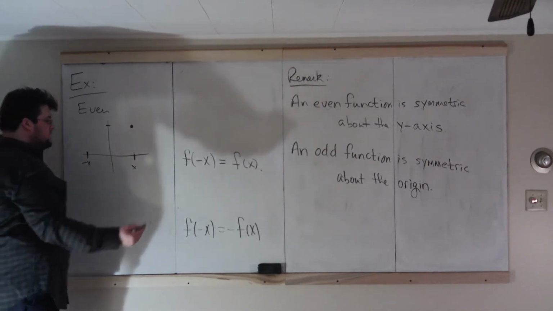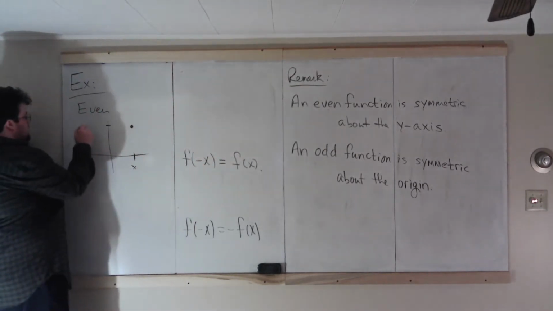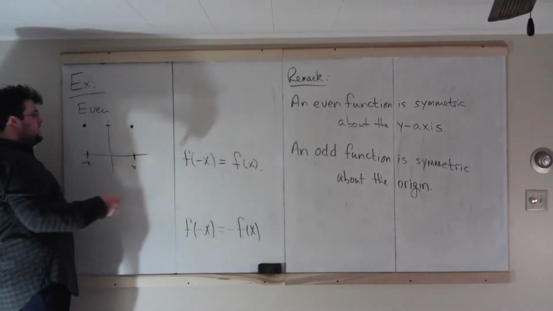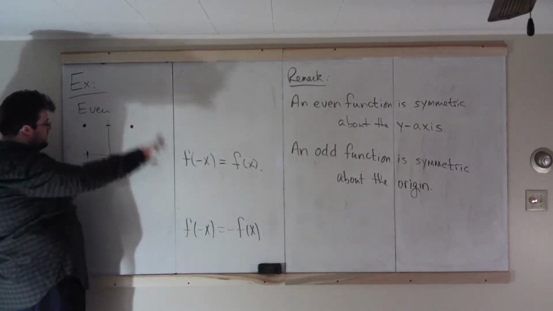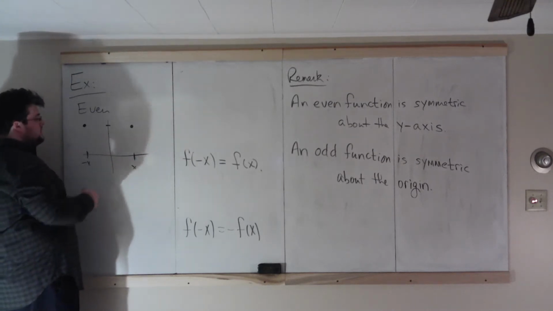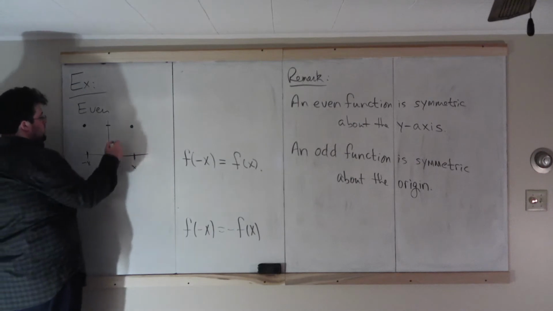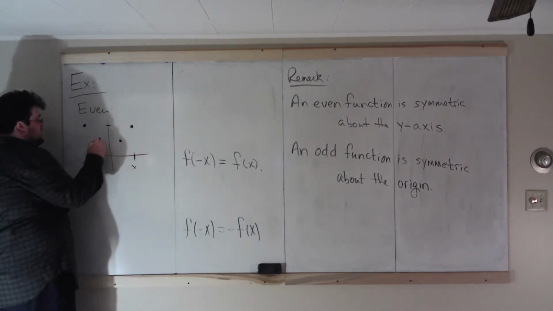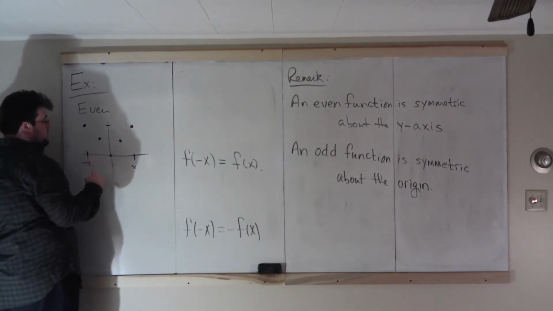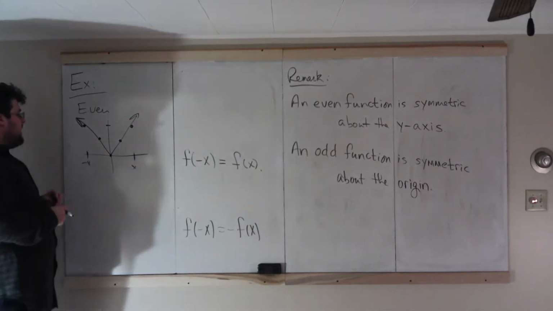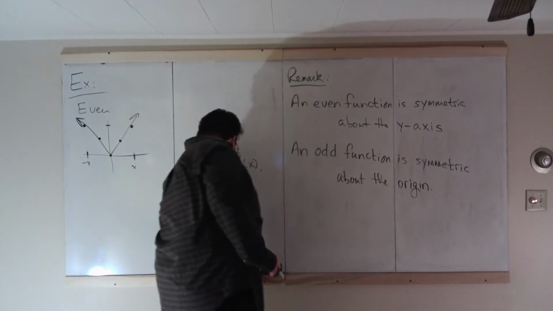F of negative x is the same as f of x, so it also goes up here. So anything that exists on that side of the y-axis is going to exist on this side of the y-axis. So if you have a point like this, that's going to be over here as well. If it goes through 0, it goes through 0. So an even function could look like that. Absolute value is an even function.